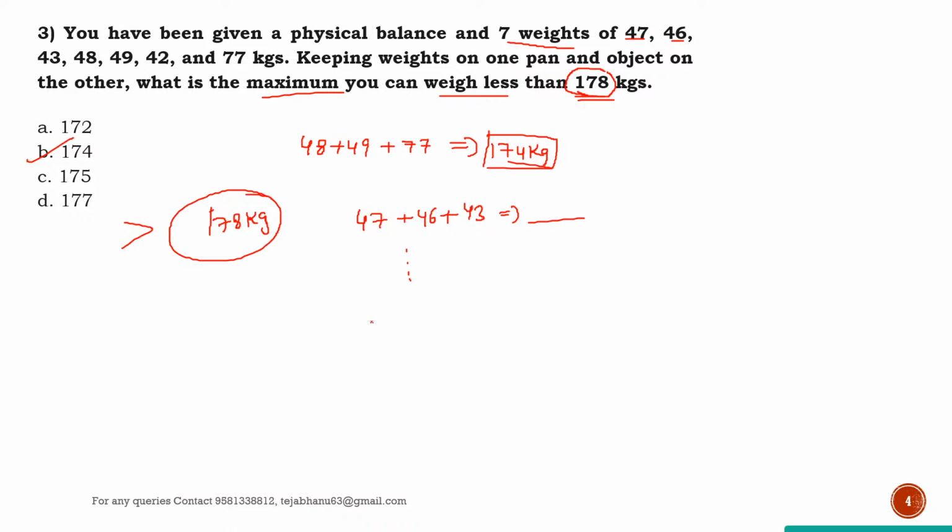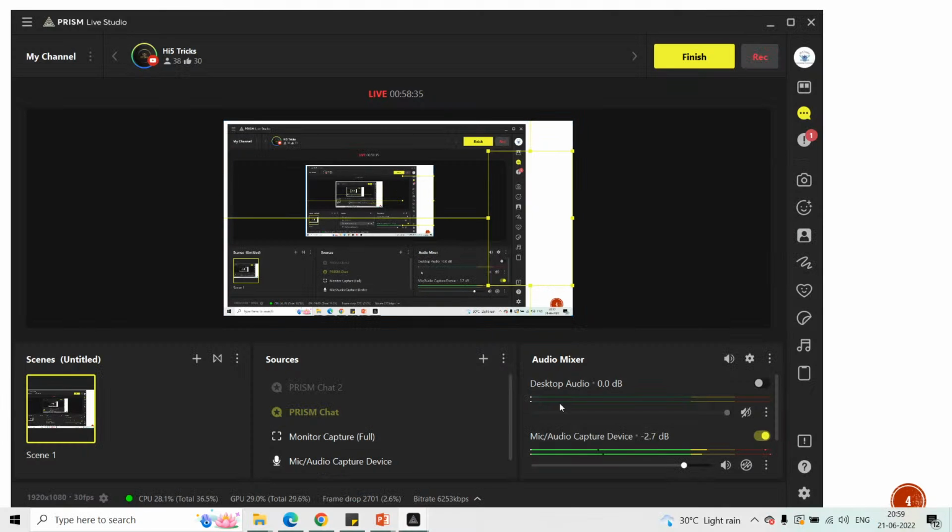If you add 48 plus 49 plus 77, I have taken the highest values among these, the highest values given in the series, in the 7 weights. You'll get 174 as the answer. This is only the highest weight we can form. I hope it's clear.